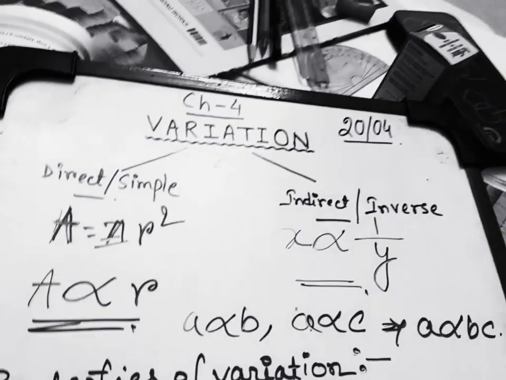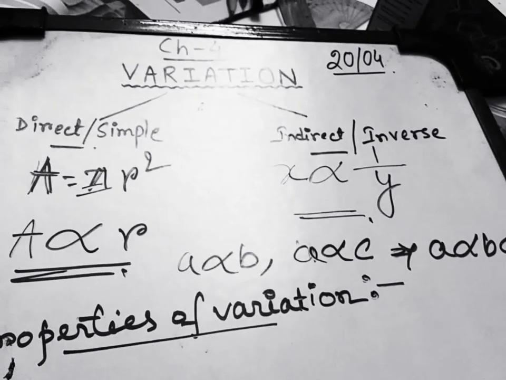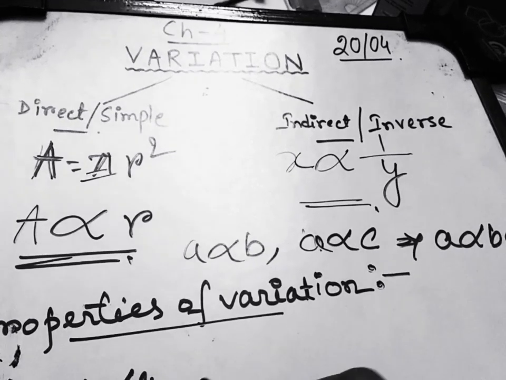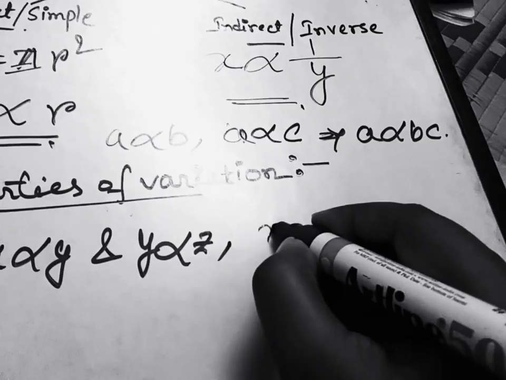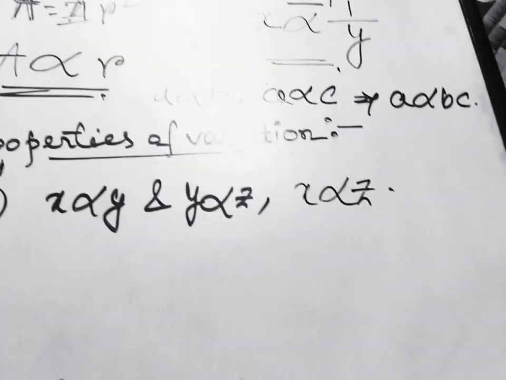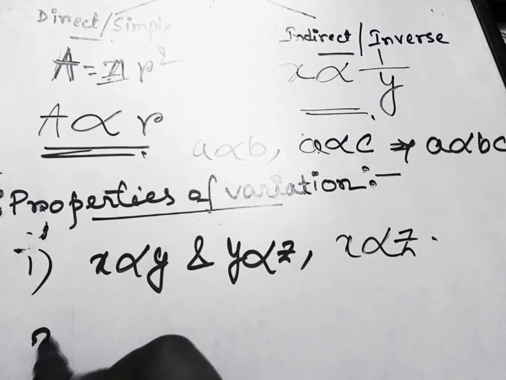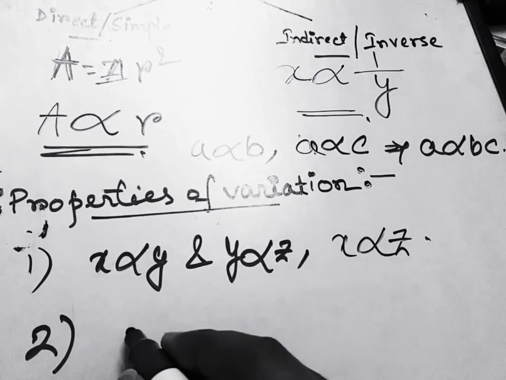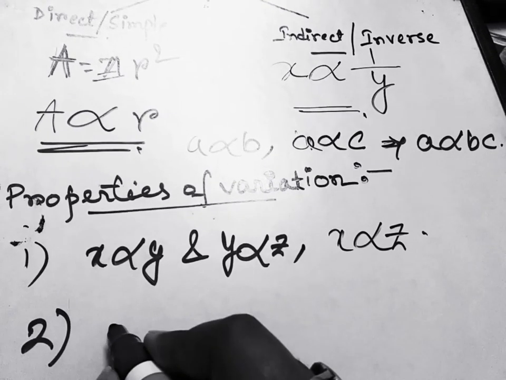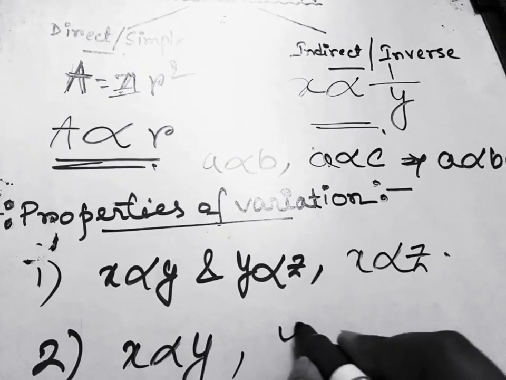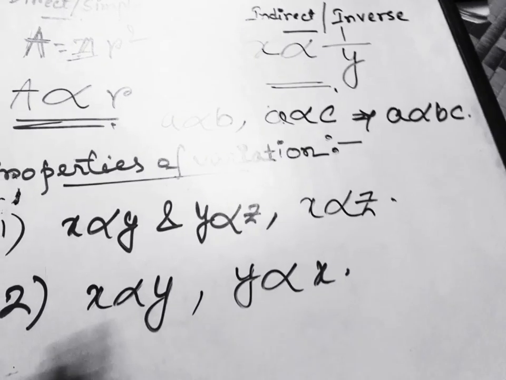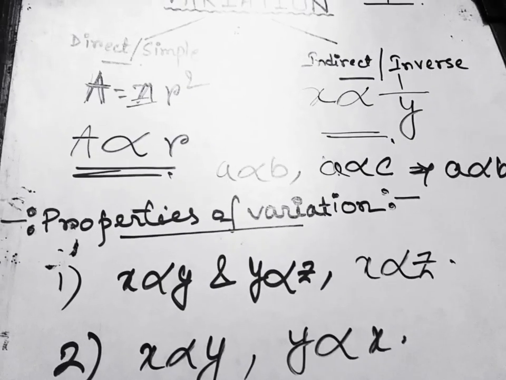The first one is: if x varies as y and y varies as z, then x also varies as z. Number 2: if x varies as y, then y also varies as x.